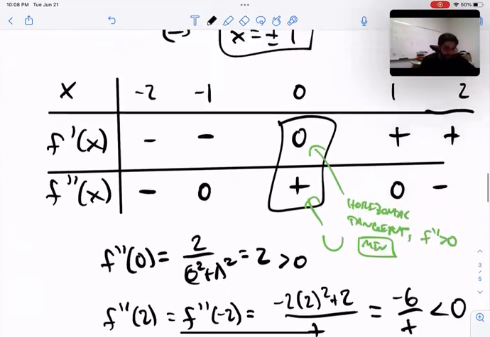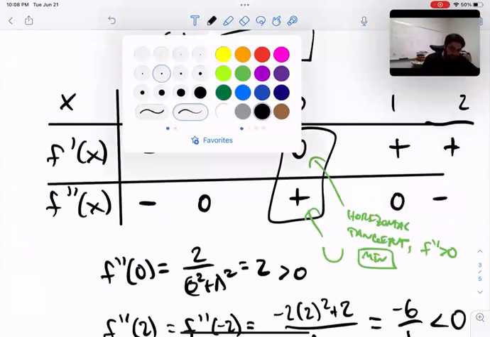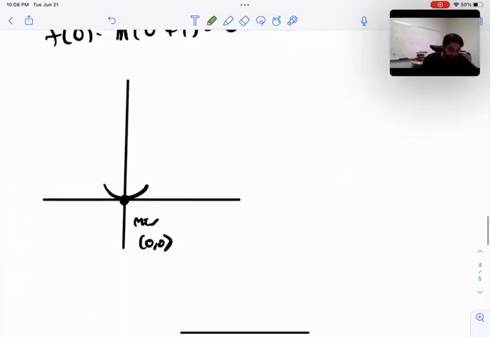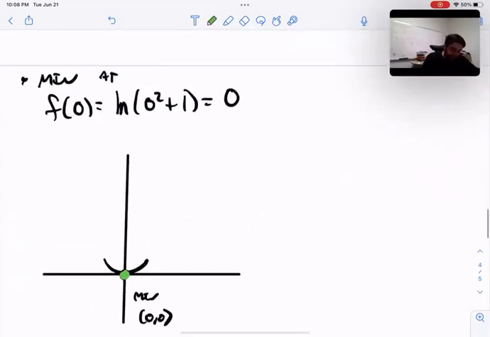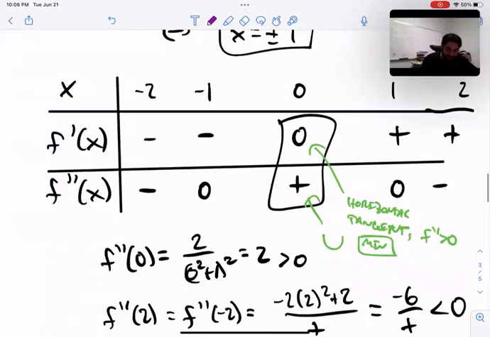And where does it change? Well, it changes right here. I'll put this in green. Sorry, that's the min, not the inflection point. Now here, notice the graph changes. It used to be convex, but it changes to concave.